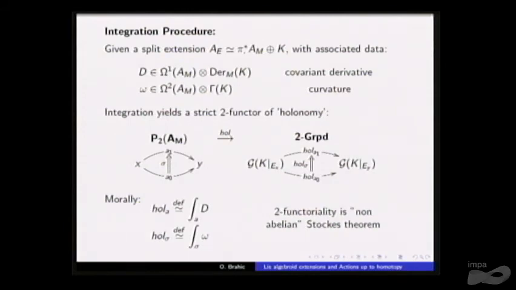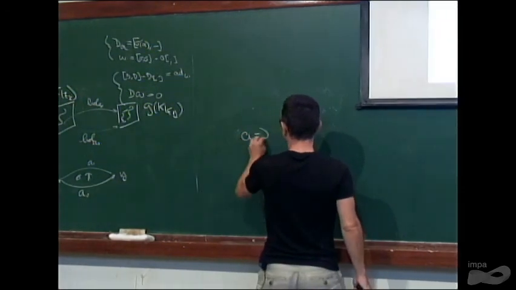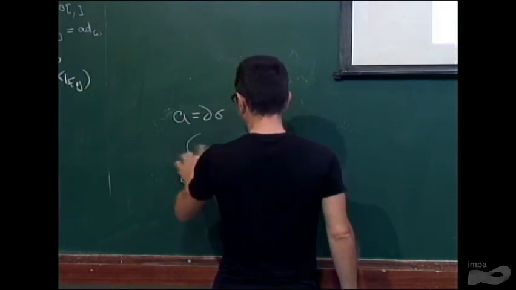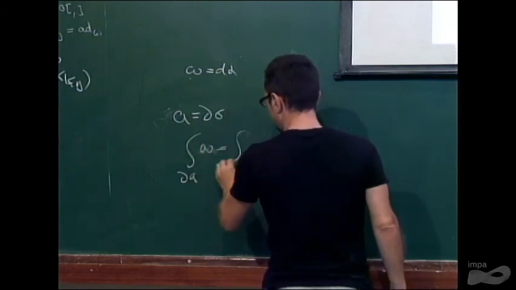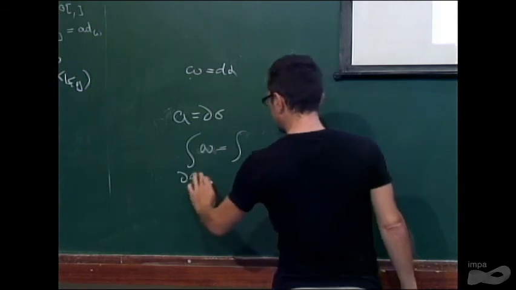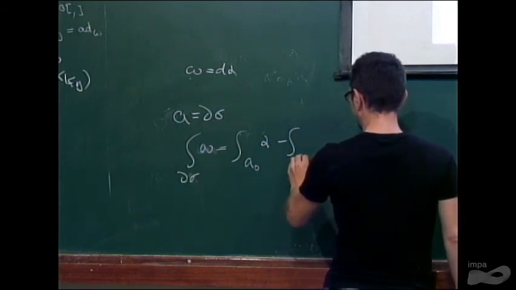In fact, when you think of it, this is some kind of non-abelian Stokes theorem. In a very basic example, you recover exactly the Stokes theorem, because instead of having a homotopy, you could say A is the boundary of sigma and take the integral over the boundary of A. Now, omega here would be some D of alpha, and the integral of omega equals the integral of A of alpha minus A1.